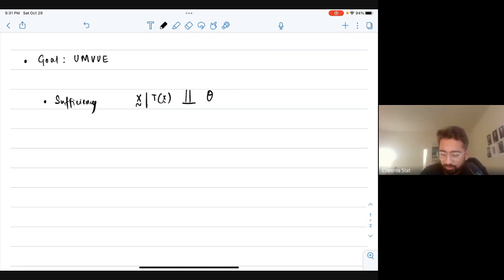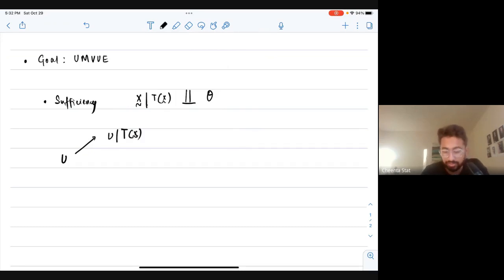So now, let's take an unbiased estimator U. I will use U to form another unbiased estimator, that is U given this sufficient statistic T(X).